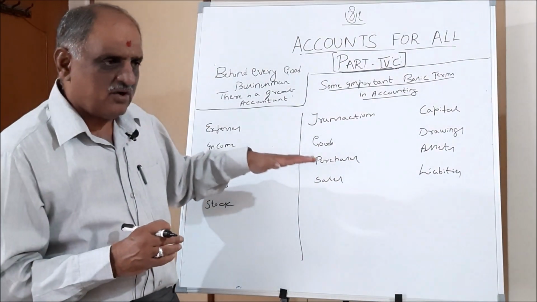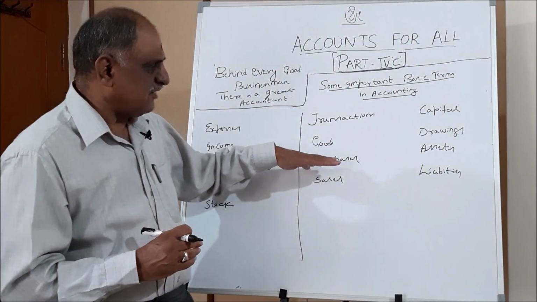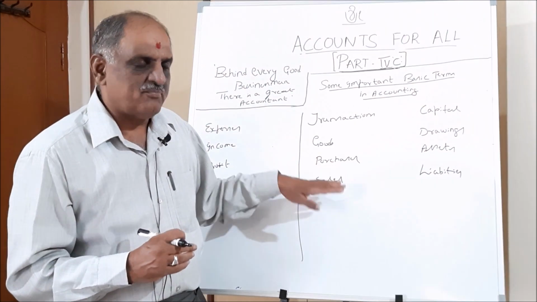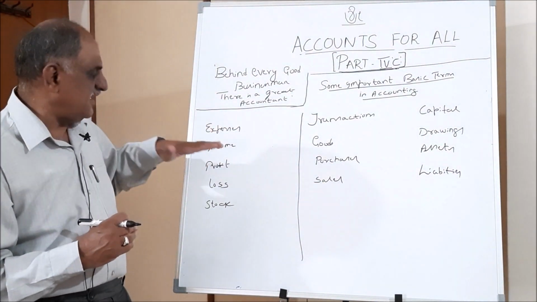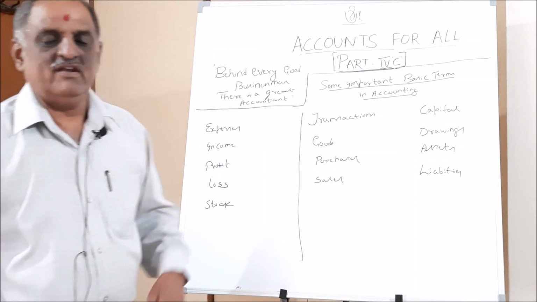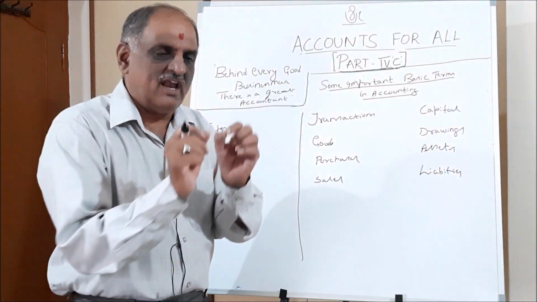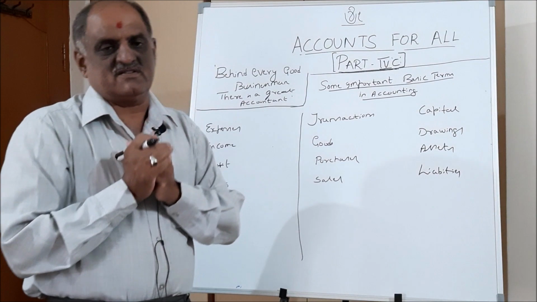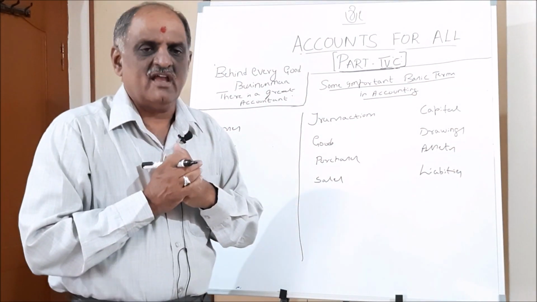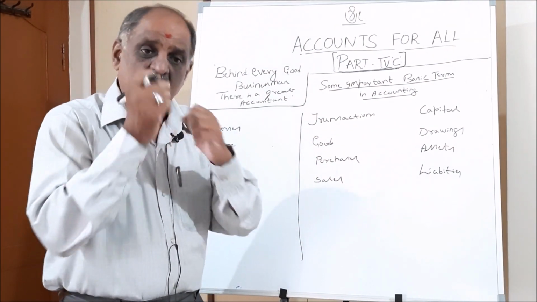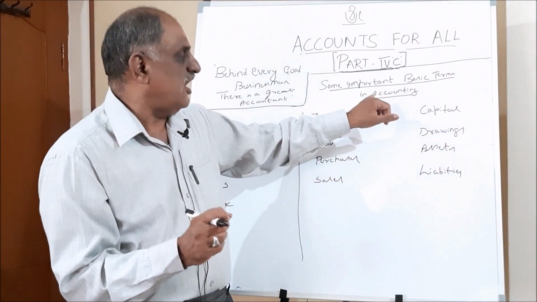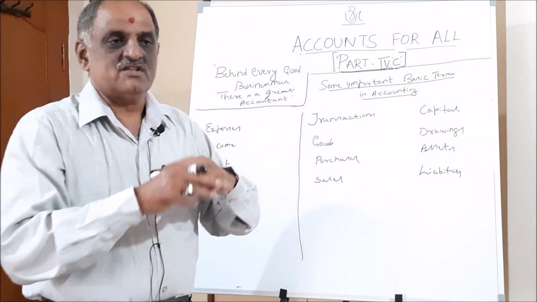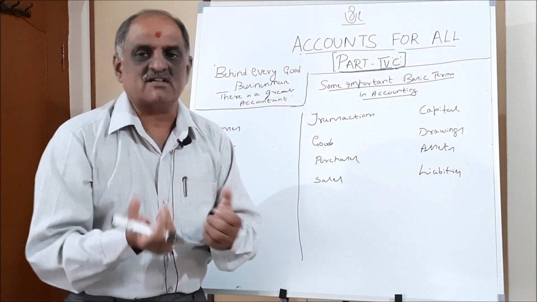But that is not the only point. Another most important point is expenses and income. When you are doing business, definitely you have to incur expenses, and you will gain income. That is also an important part of accounting. It is full of so many factors.